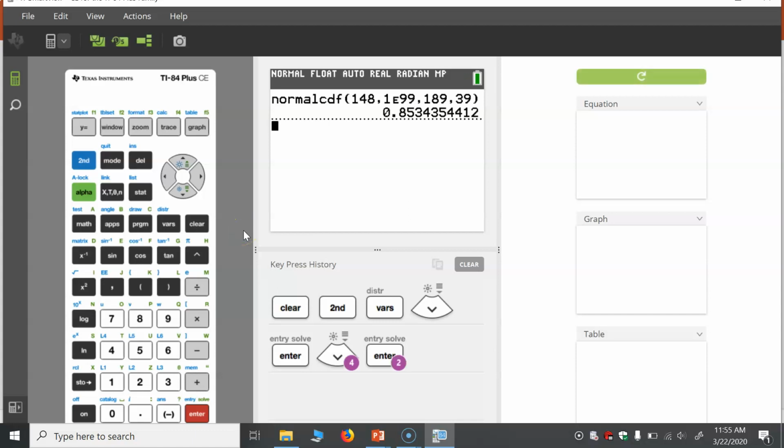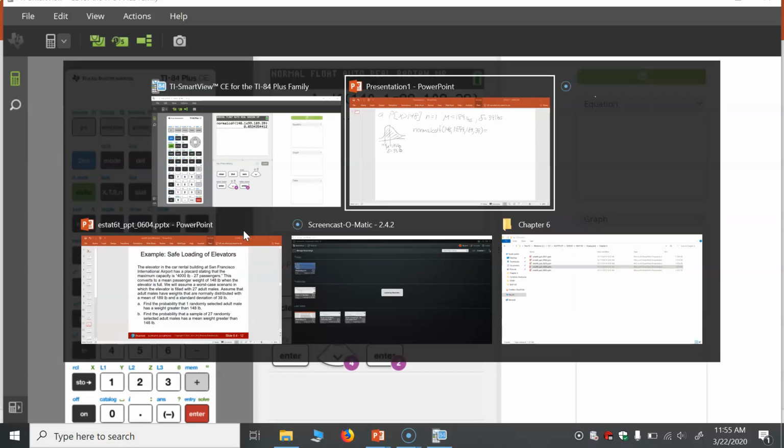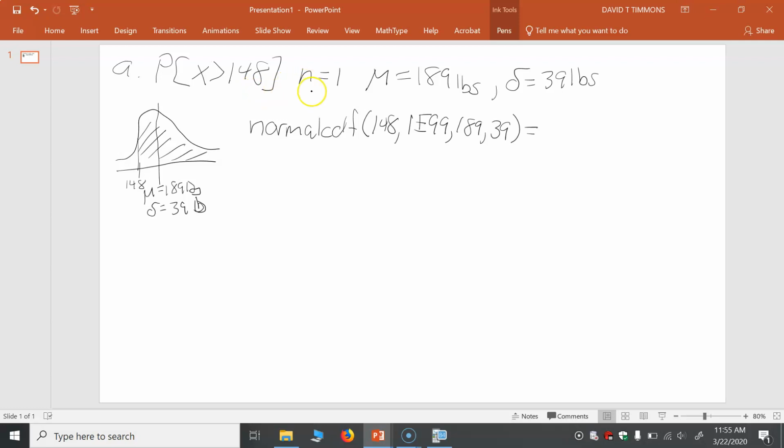Rounding to 4 decimal places, we'll call that 0.8534. So let me get back over here, and I'll call that 0.8534. That's very much like the normal distribution problems that we had earlier in the course.